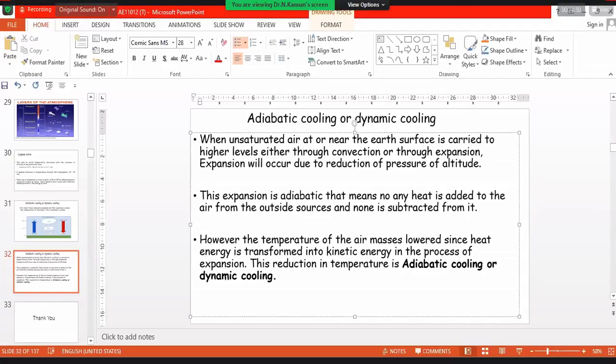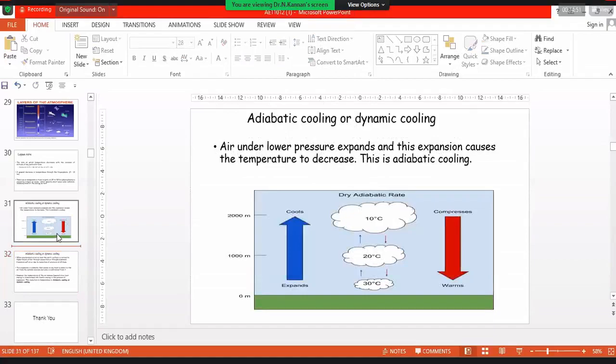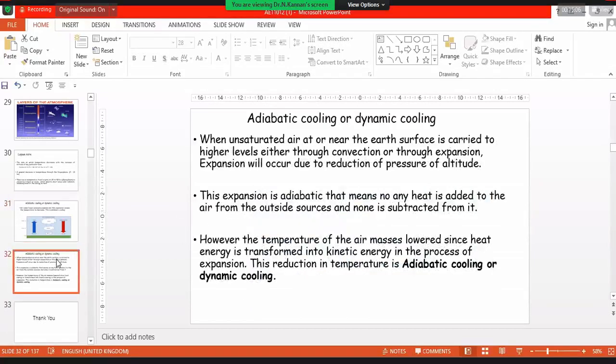You got the point? Expansion, we have seen that just before. This is compression, this is expansion, right? This is happening with an increase in altitude. That is the first point.